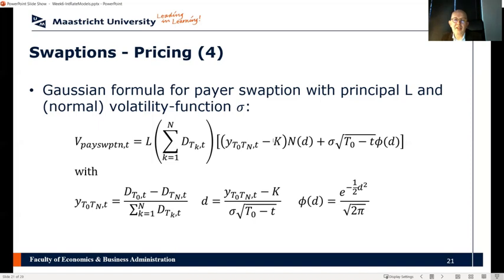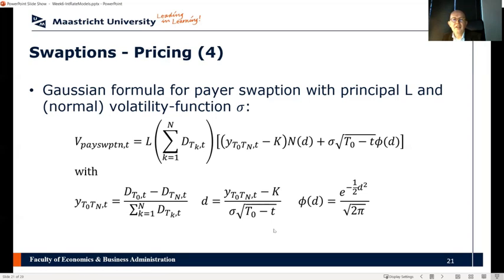We get (y minus K) times capital N of d, where capital N is the cumulative normal distribution function evaluated in the argument d. And then I get another term, which is sigma times square root of (T minus t) times phi of d, where phi is the standard normal density function. And this d argument is (y minus K) divided by sigma square root of (T minus t).